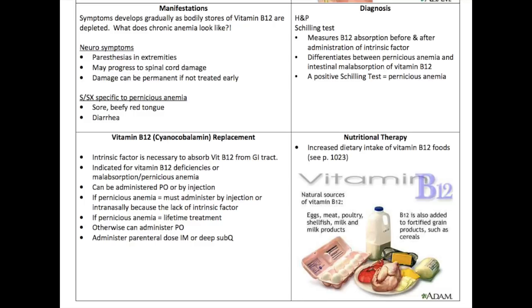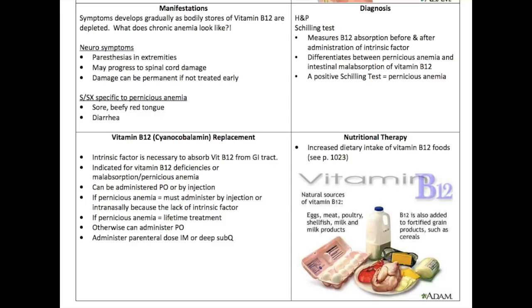There's actually 4 stages to this, and you don't have to get too complex with this. If you understand that they are measuring your B12 level before and after they administer this intrinsic factor, that is how they differentiate.